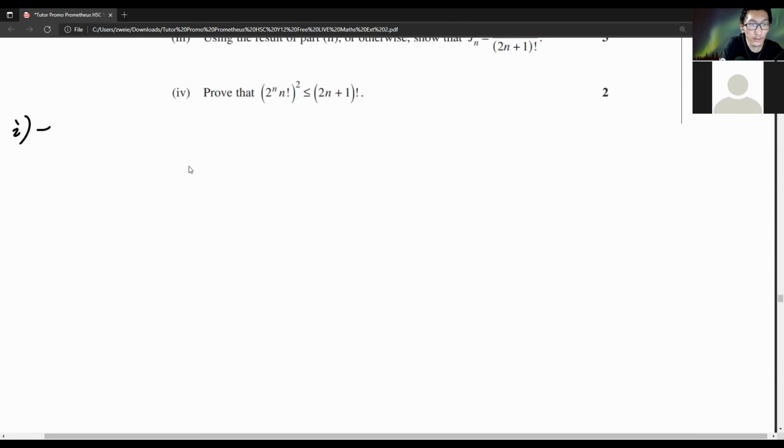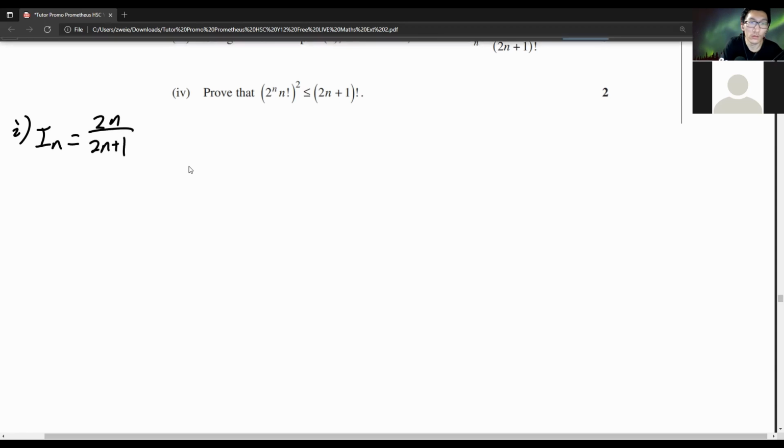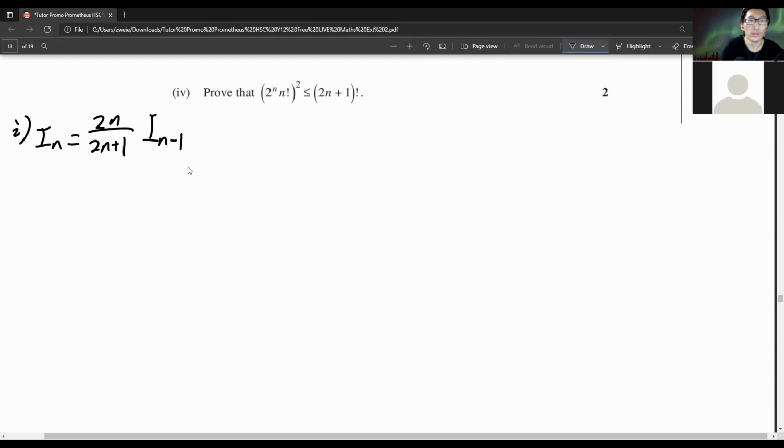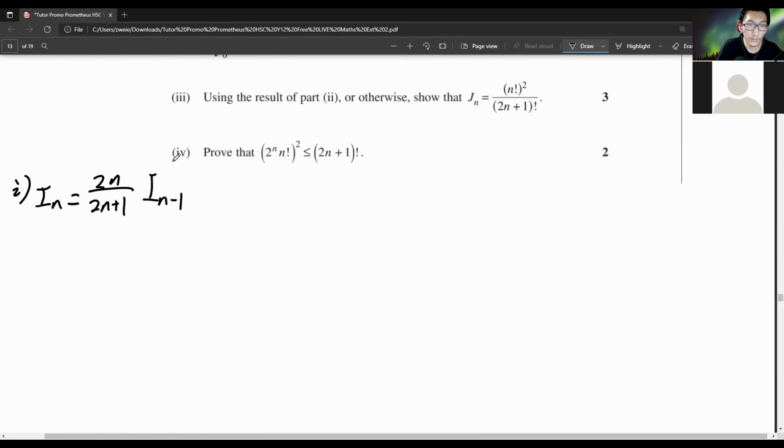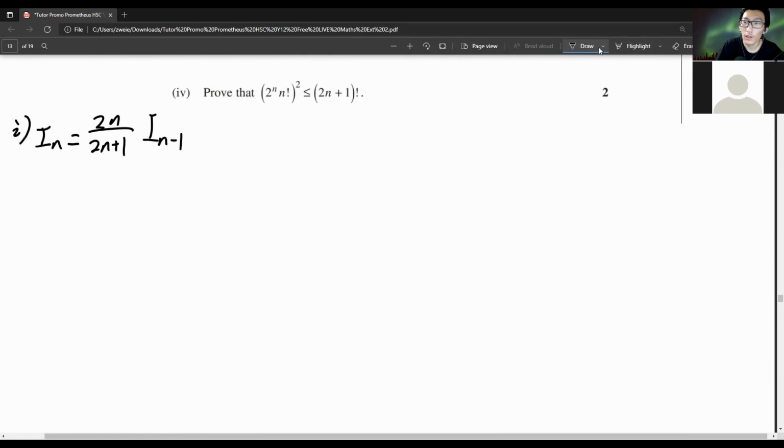So I_n is equal to 2n over 2n plus 1 times I_(n minus 1). All right, I'll be annotating using the Zoom annotate.